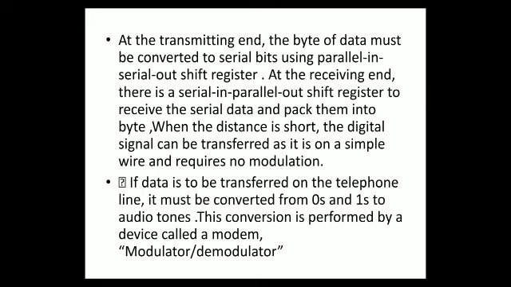So what we normally do, we convert all the available parallel data to serial bits. We transmit them. So the number of wires required obviously gets reduced, and because you are doing parallel in serial out conversion using a shift register, the available data from the sender is in parallel mode, but the channel which is supported is in serial mode.